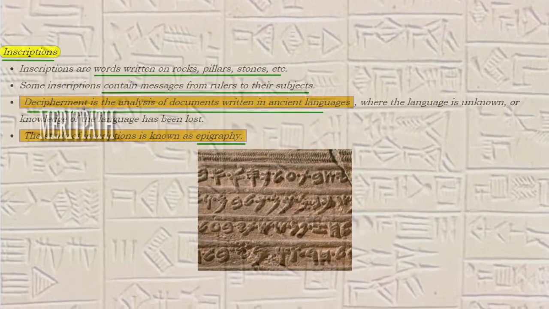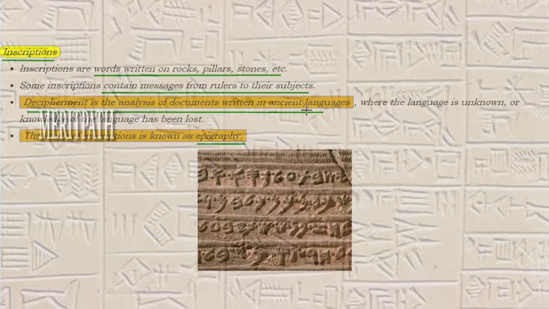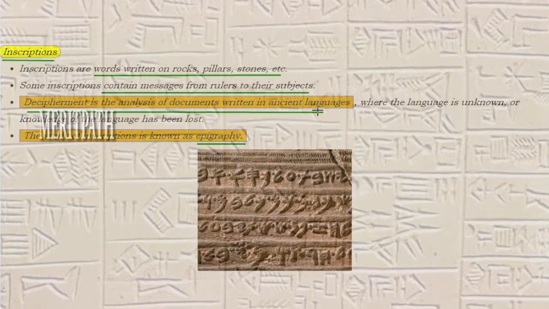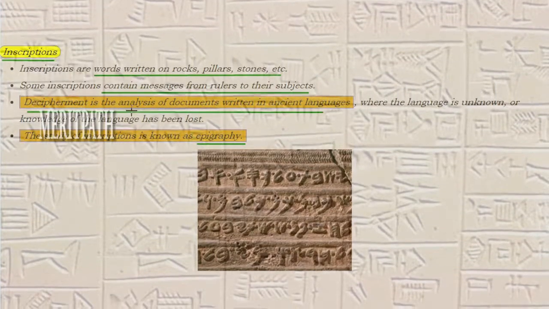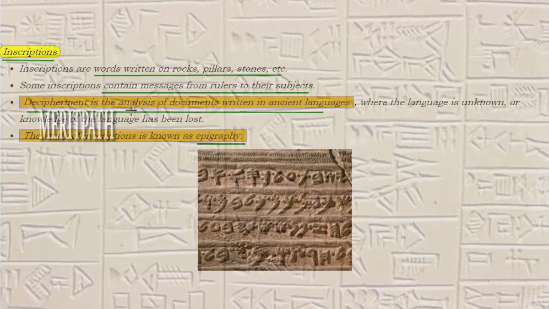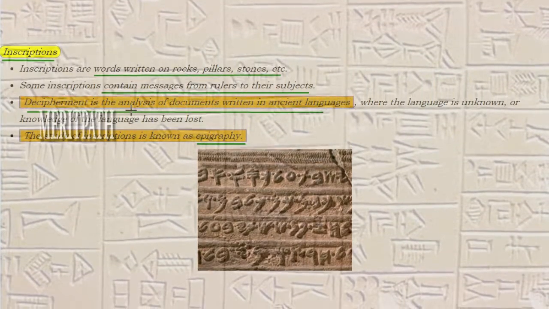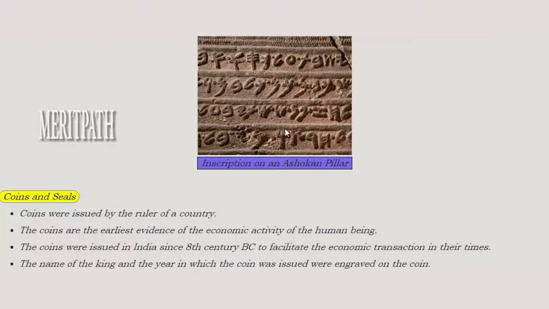Decipherment is a term which means the analysis of documents written in ancient languages where the language is either unknown or lost. Epigraphy is the study of inscriptions. This is the image of an inscription on the Ashokan pillar.